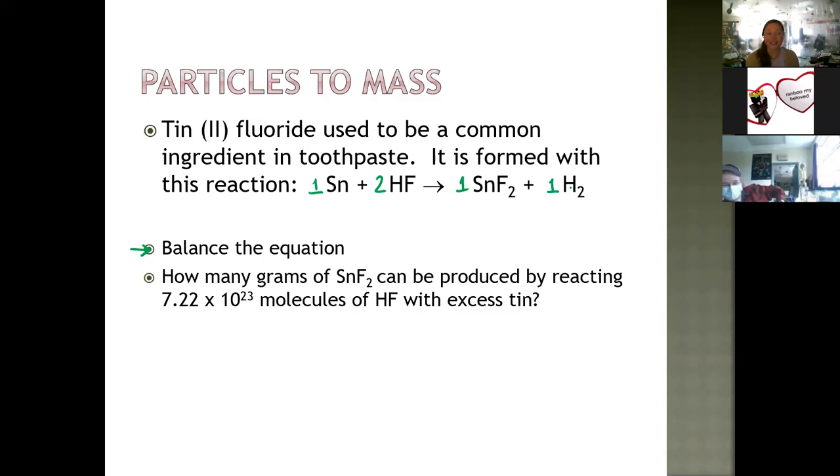Yeah, wanted and given. So how many grams of tin 2 fluoride? This is what we want to find. Reacting 7.22 times 10 to the 23rd molecules of HF. This is our given. What should I start my railroad tracks with?